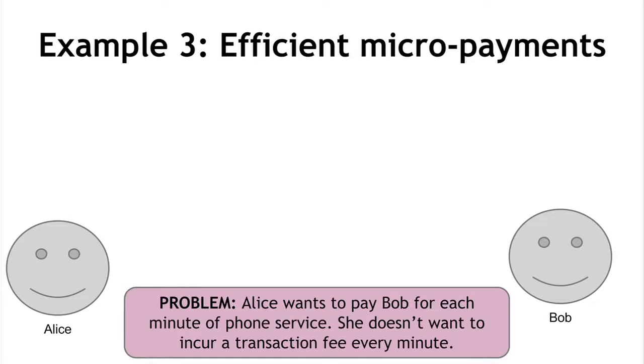That's going to create too many transactions, there will be too many transaction fees, and nobody's happy about that. The simple solution here is to create a new low-value transaction every minute that Alice talks on the phone. So if she talks for 2 hours, you might need over 100 transactions. The problem that you're going to get into in that system is that those transactions might be all very low value, and the transaction fees might really kill you.